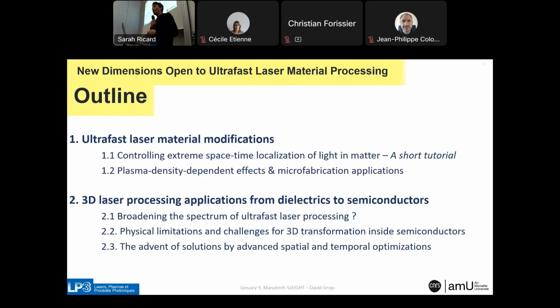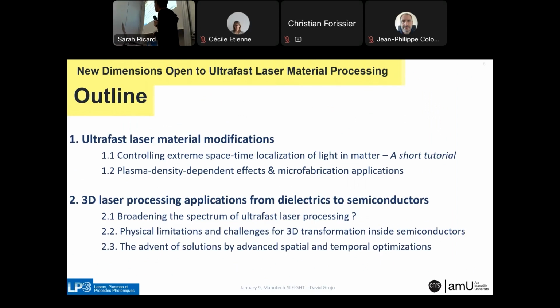So after this introduction, I will describe a little bit what I will be showing you just after. In the first part, so the first hour, I will describe the basics of ultrafast laser material modification, mainly the very important parameters that people need to consider to make experiments aiming at extreme space-time localization of light inside matter, which is the basis for 3D processing.